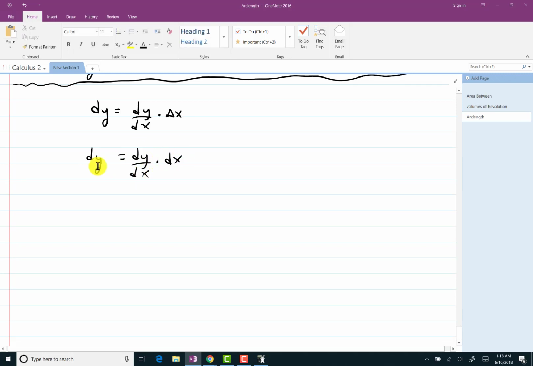It almost looks like the dx's can cancel, and the notation is meant to be that way. So if you look at an arc length for some problem, you'll have 1 plus dy over dx squared. It's all meant to allow this kind of algebra to be done with it. That's the whole point of this.